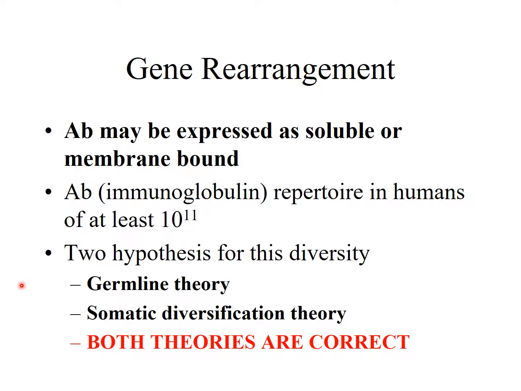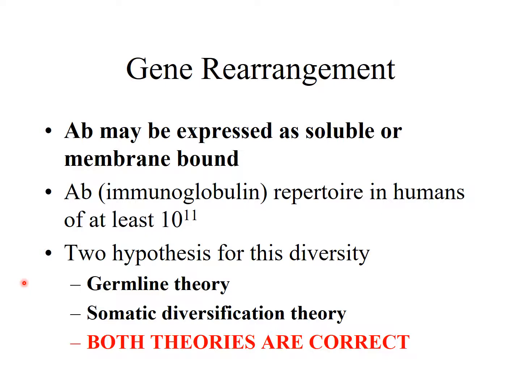What we have is a subset of genes for different portions of the receptor, thus different portions of the antibody, that will be rearranged as the B cell matures. As the B cell matures, they get rearranged.